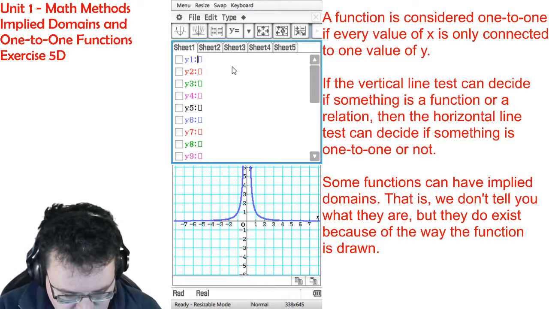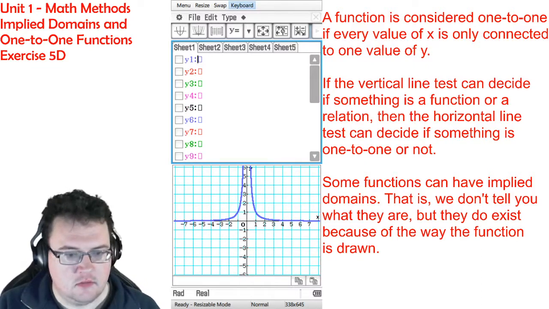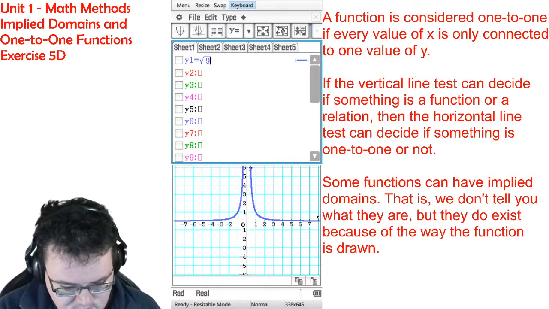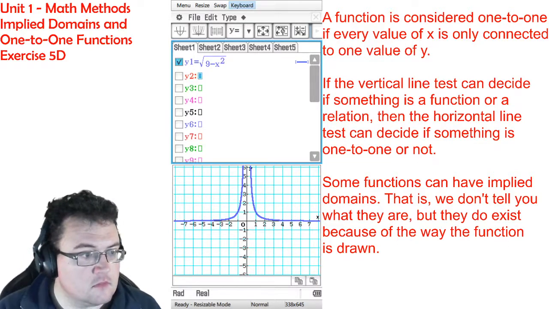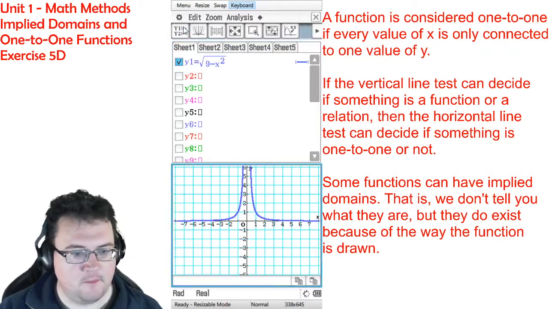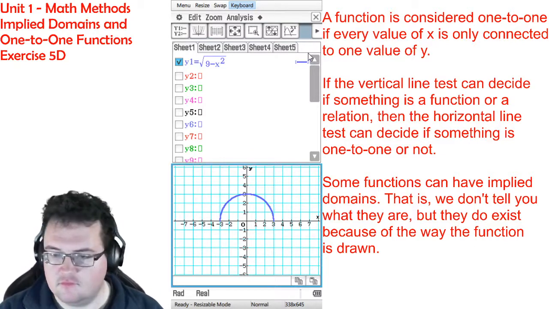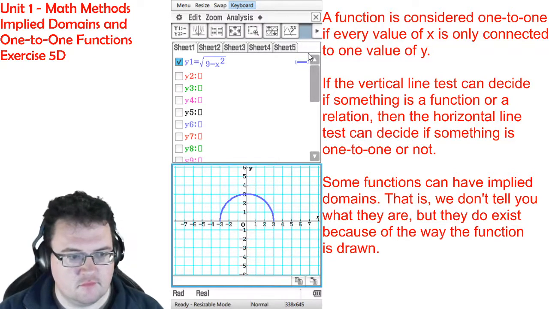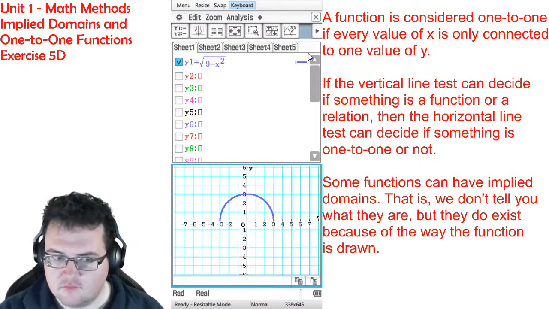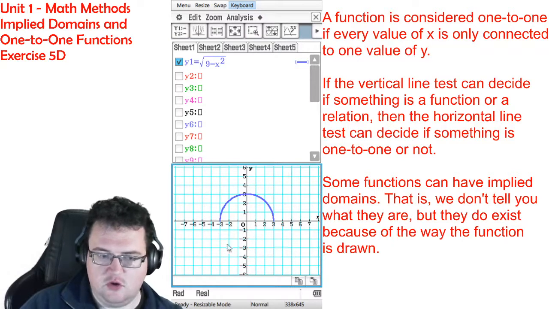What about if I do this graph? If I draw a horizontal line across it down here, it doesn't cross at all because it doesn't exist.